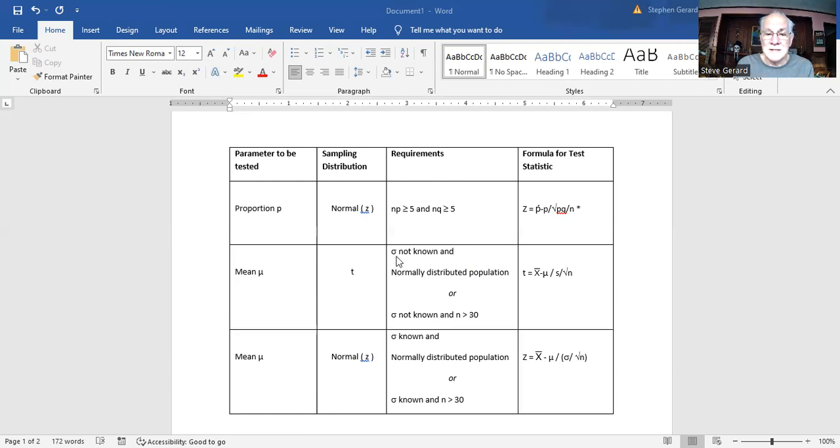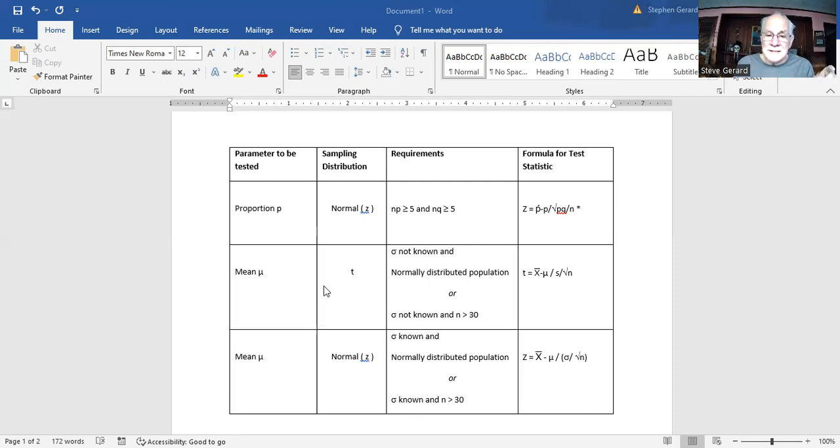The requirement for a T test is sigma is not known and is normally distributed. For using the Z test, sigma is known and is normally distributed. The other possibility is, again, same thing, not known and n is greater than 30, or it's known and n is greater than 30.